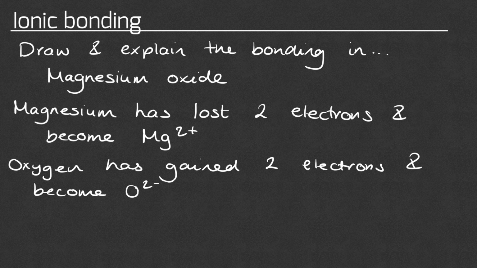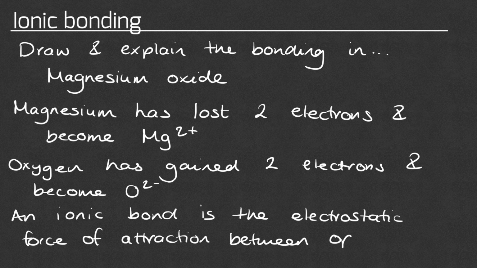Make sure to include the specific charge rather than just saying become positive or negative. And we'll then include our definition of ionic bonding, which is that an ionic bond is the electrostatic force of attraction between oppositely charged ions.